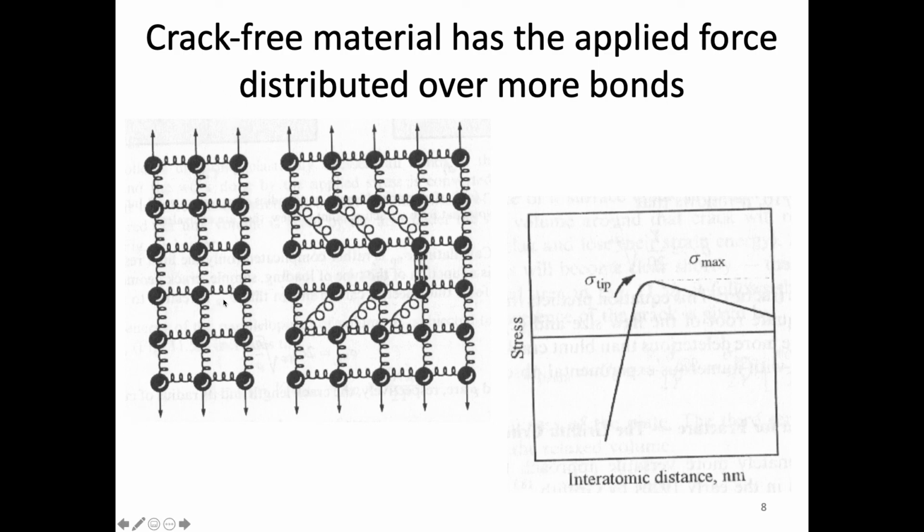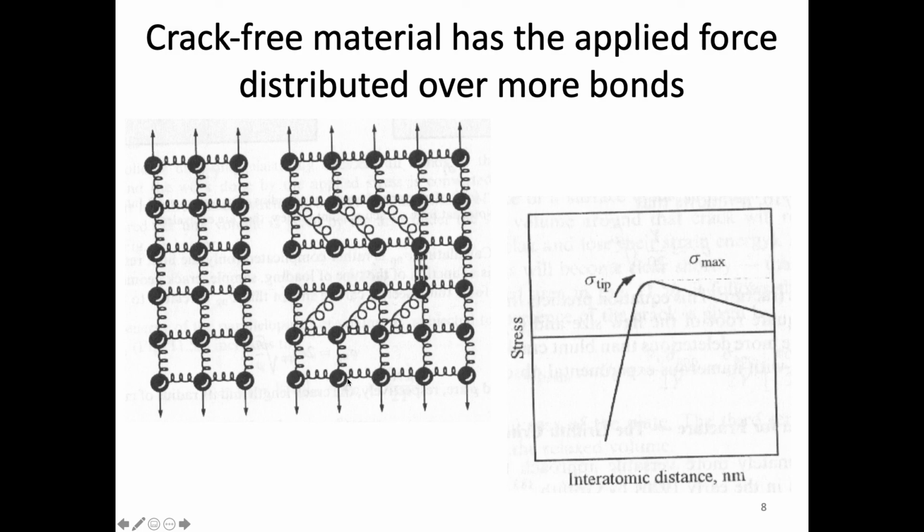This material has all its bonds intact, and we're basically pulling it in tension, right? We can think of each of these bonds as a spring, is basically what this image is showing you. So the tensile force that's applied here is evenly distributed across the cross section. So these three bonds, right?